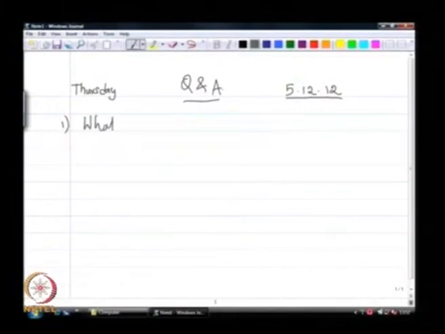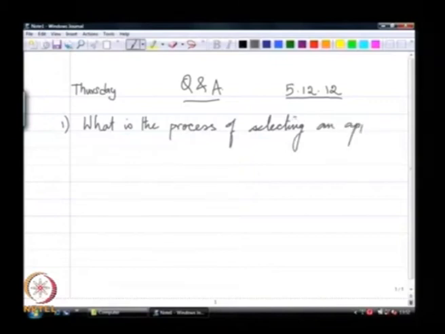What is the process of selecting an appropriate nozzle for a given application?